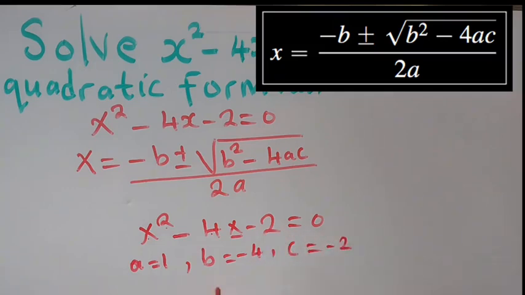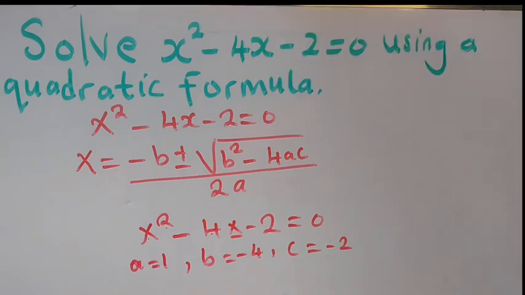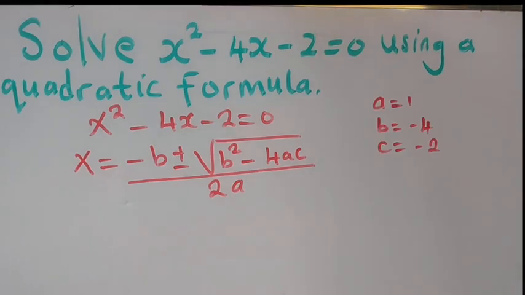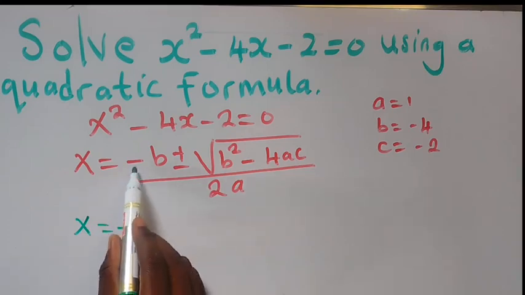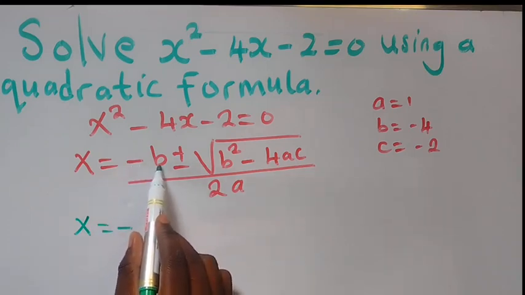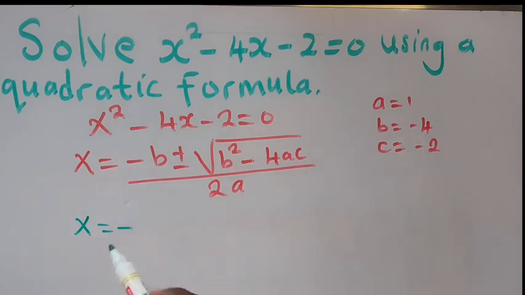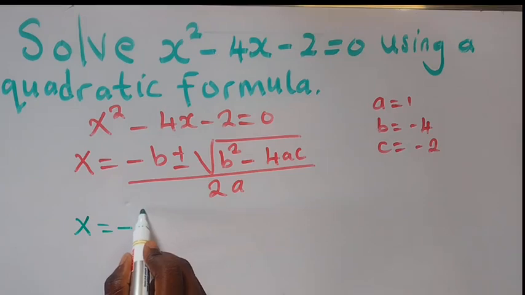These values are the ones that we are going to substitute in our formula. Let's see how we can substitute them now. We are going to write x equal to minus, this minus is from the formula. Where there is b, we are going to put a negative 4. Because there is a minus here, we can enclose it in brackets.